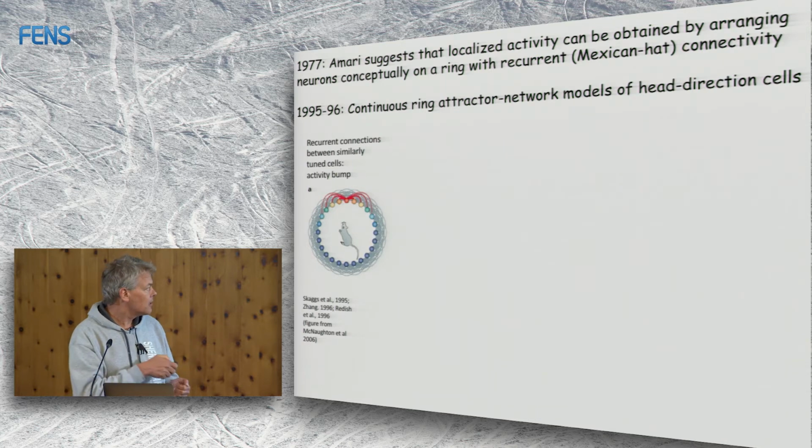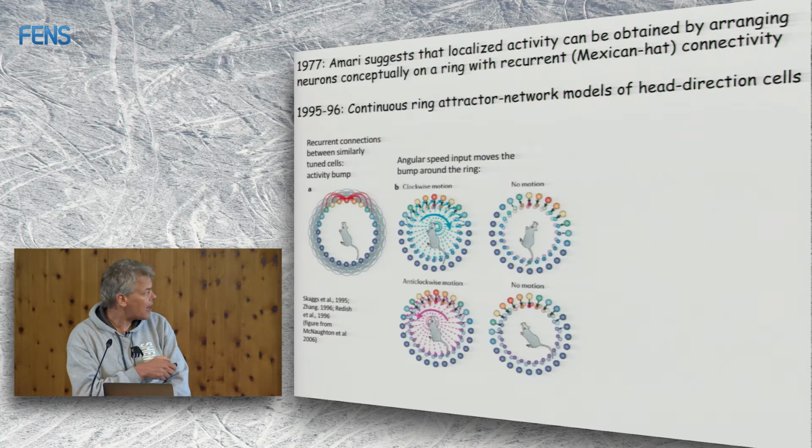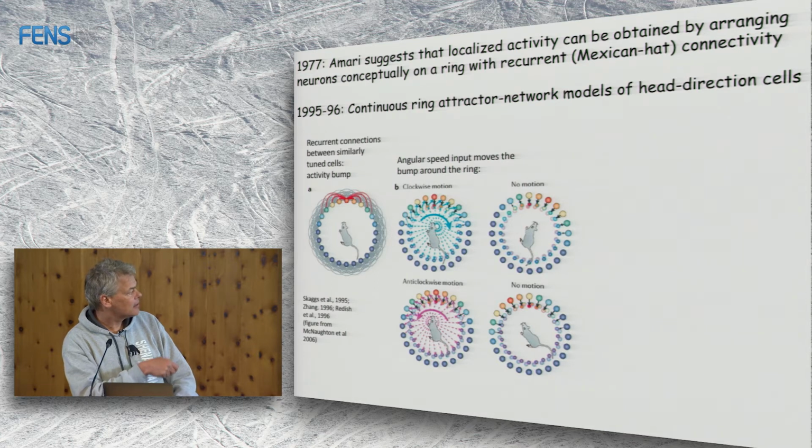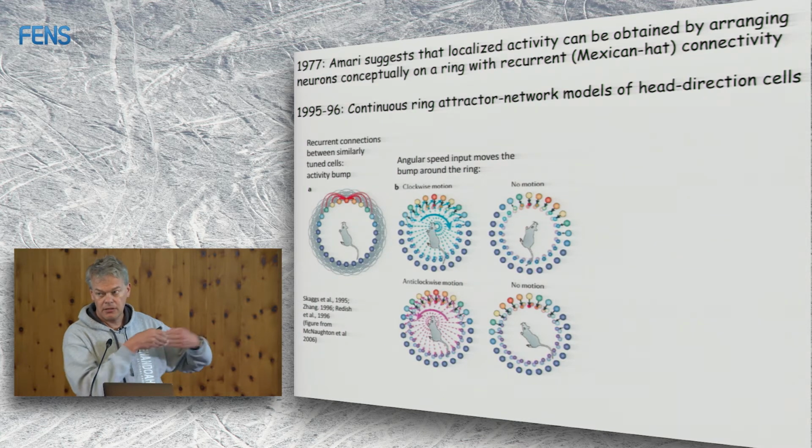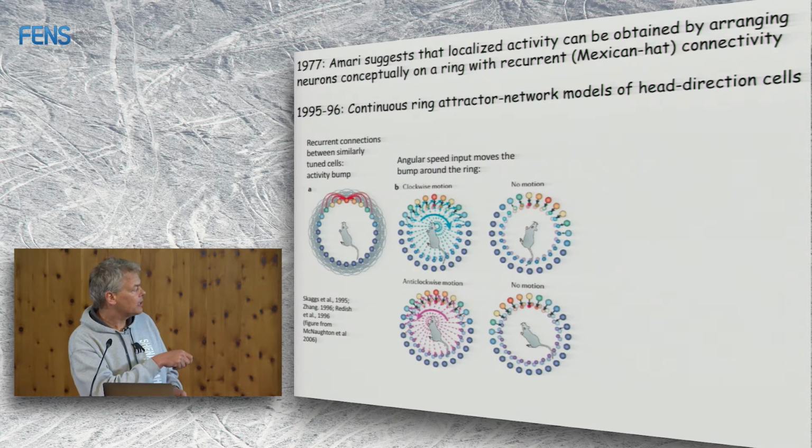And then what you add is input, which informs about the angular speed. So this is in the separate layer here. And then if there are connections to the head direction cell ring here, those inputs can actually move the activity bump that's caused by these connections around in accordance with the angular speed of the animal's head, either this way or that way.